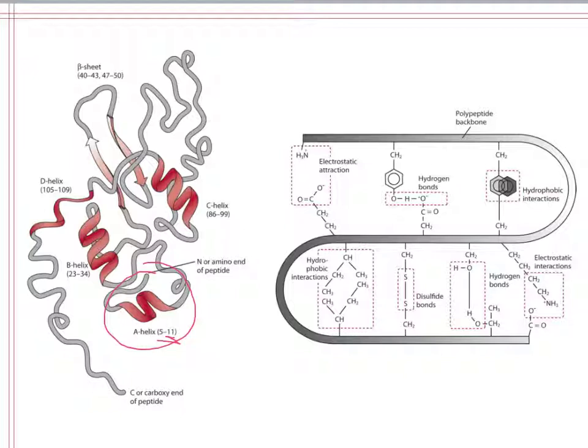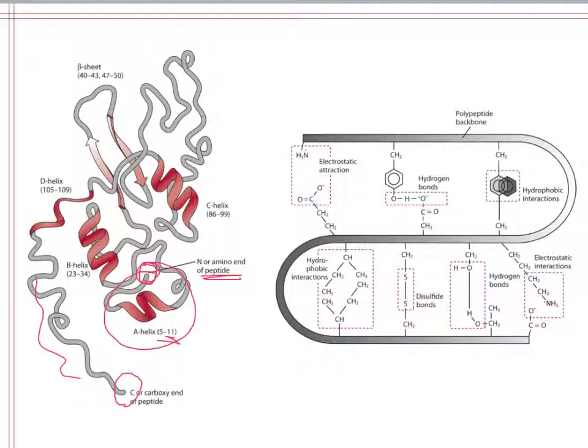This is showing you the carboxy end of the last amino acid of the peptide. The other end is going to have the nitrogen or amino end of the last amino acid in that polypeptide chain.